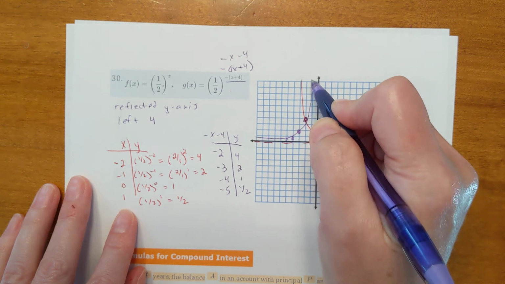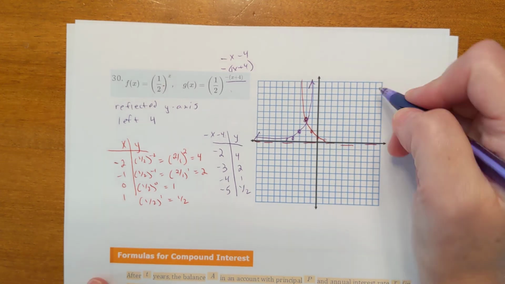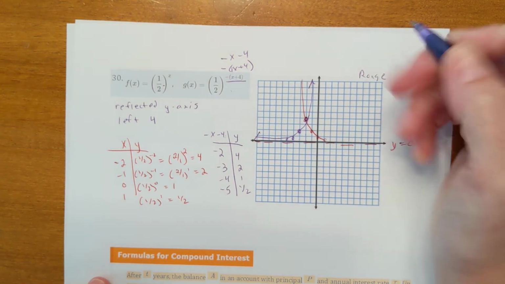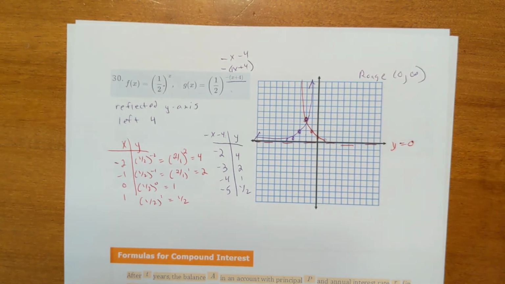So again, they both have the asymptote there of y equals 0, but the new one again reflected across the y-axis, and it went left 4. So I don't know, they both have a domain that's infinite. The range for both of them would be the same if you did the range. Again, going as low as you can, it would be almost 0, and then up to infinity.